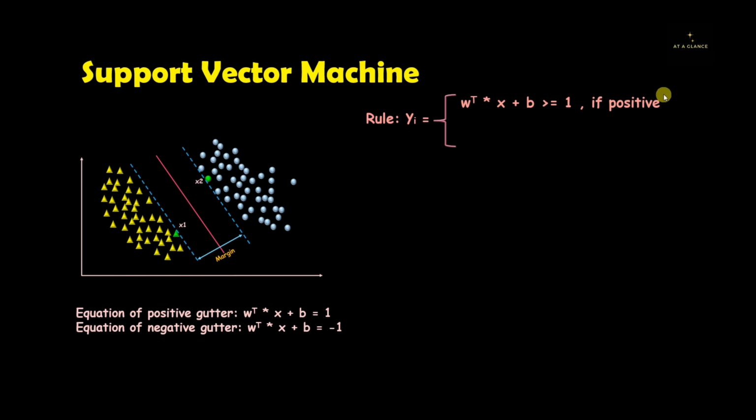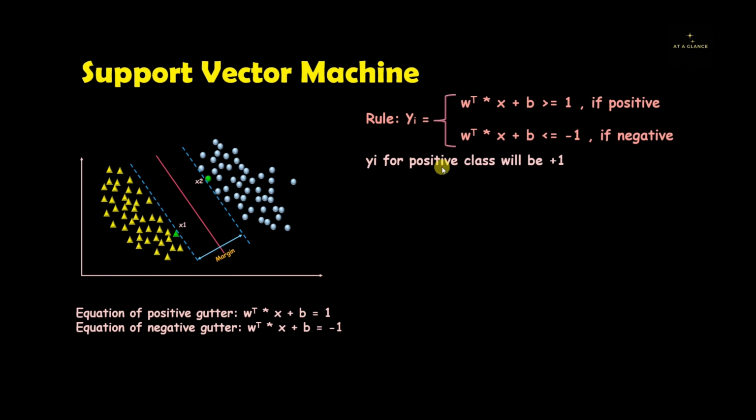If you remember the previous example where we calculated the value of this expression for certain data points, it was greater than 1, that means positive, for the data points falling under the positive class. Similarly, the value of the expression came out negative, that means less than or equal to minus 1, when the data point was falling under the negative class, that means the yellow ones.